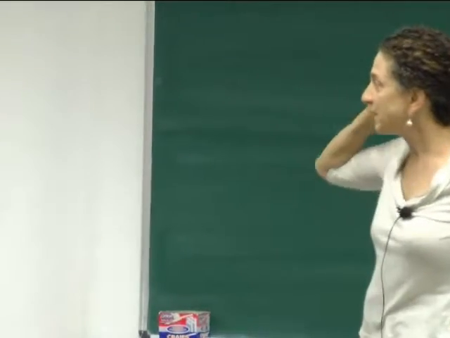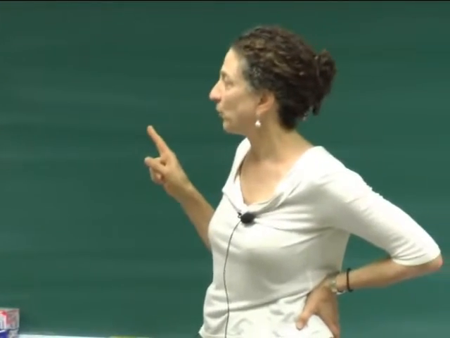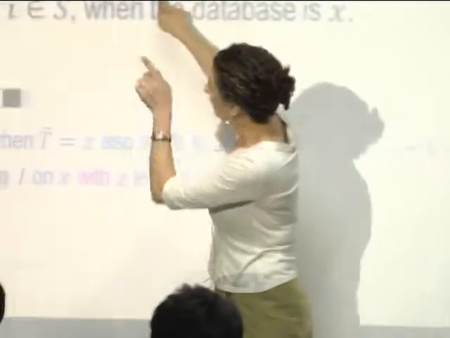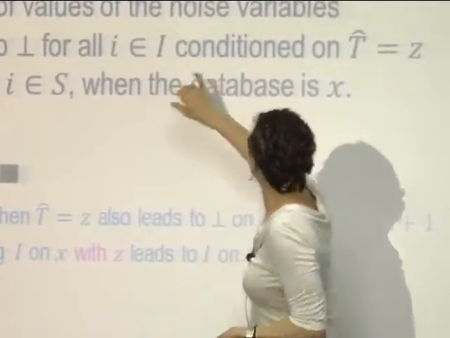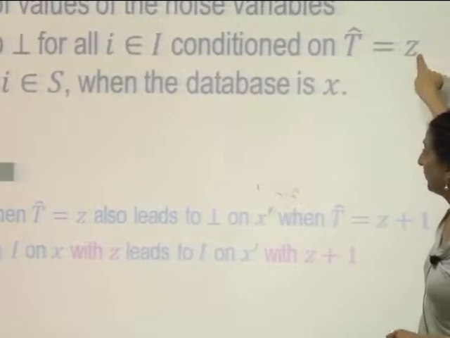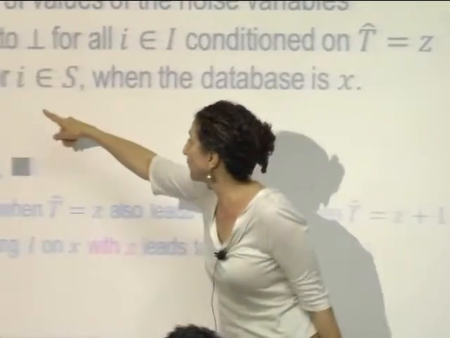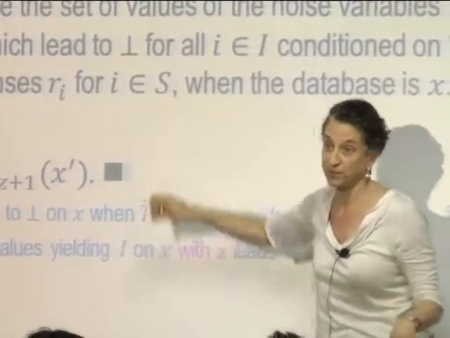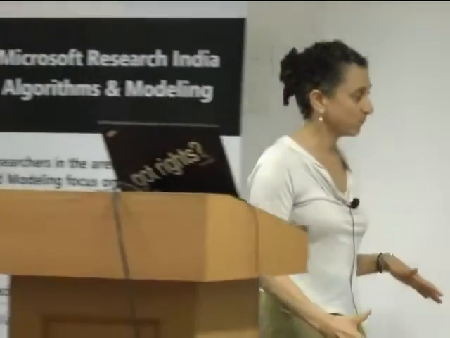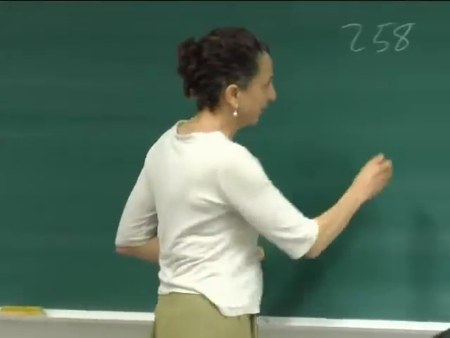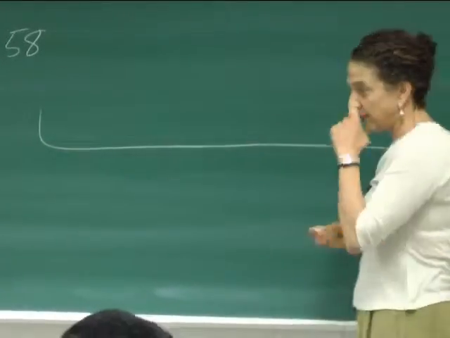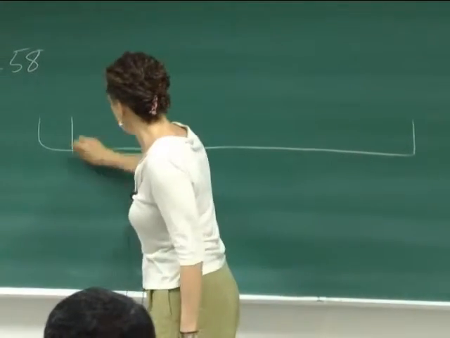So it's going to be the set of the values of the noise variables from our draws from the Laplace mechanisms, which lead to insignificant for every i in the set of rounds where we got insignificant on x, conditioned on t hat being equal to z, and all of the responses that we got for the significant ones. So we have this output here.